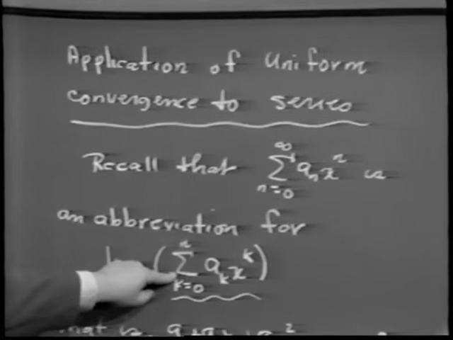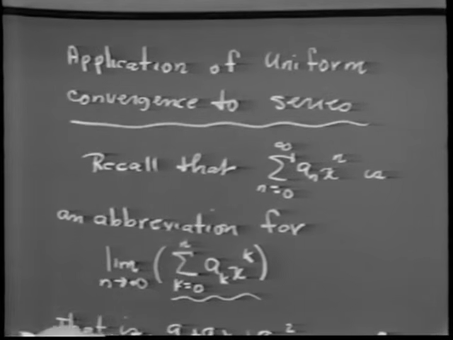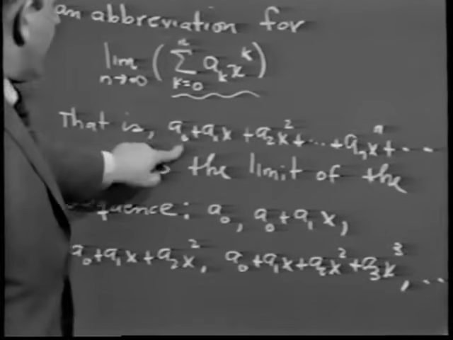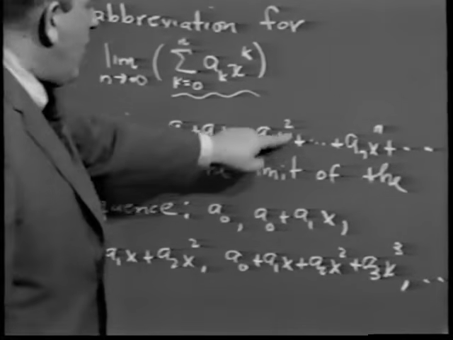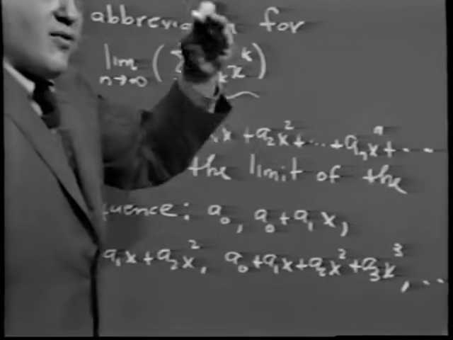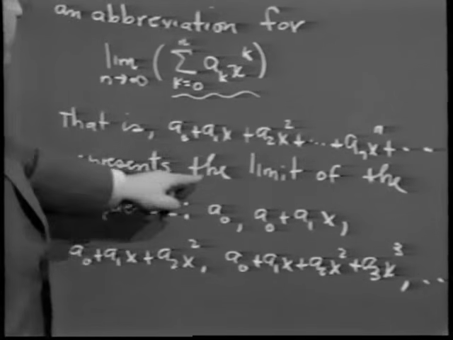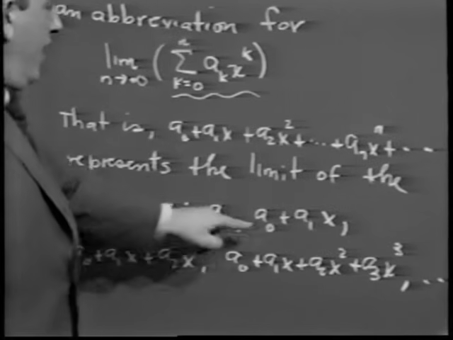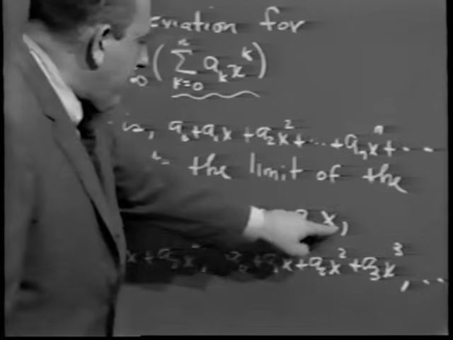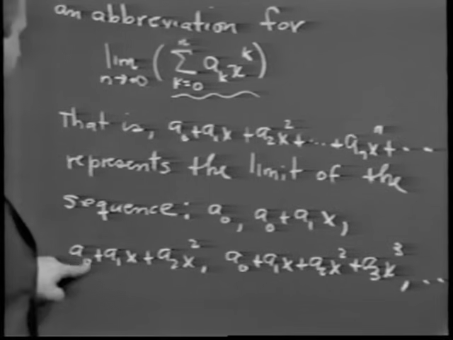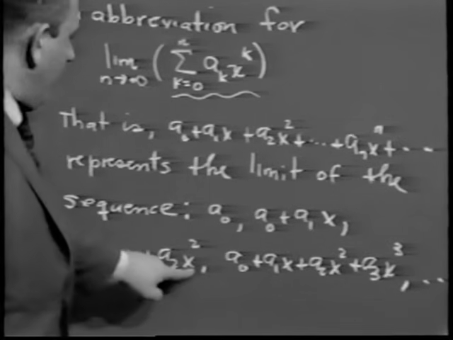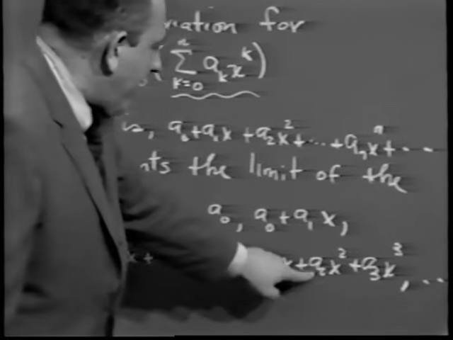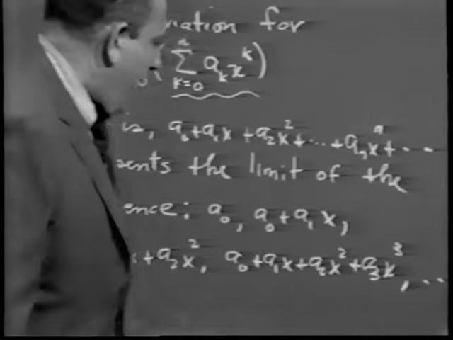Again, if this sigma notation is throwing you off, all I'm saying is that a0 plus a1x plus a2x squared plus etc., forever just represents the limit of the following sequence. a0, next member is a0 plus a1x, next member is a0 plus a1x plus a2x squared, the next member is a0 plus a1x plus a2x squared plus a3x cubed.